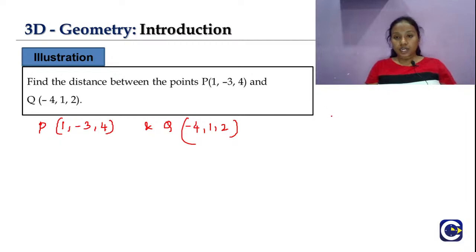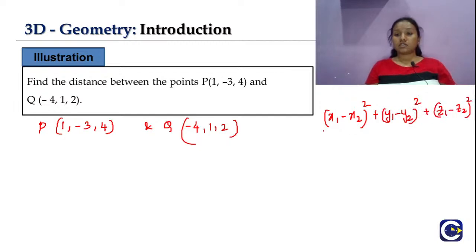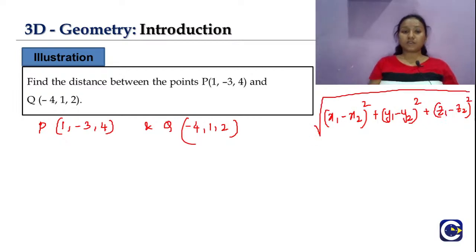I'm even writing the formula here: x1 minus x2 whole square plus y1 minus y2 whole square plus z1 minus z2 whole square under square root. So this will be the distance formula. Come on, guys, I'm looking forward to your answer. Quickly let me know the answer here.